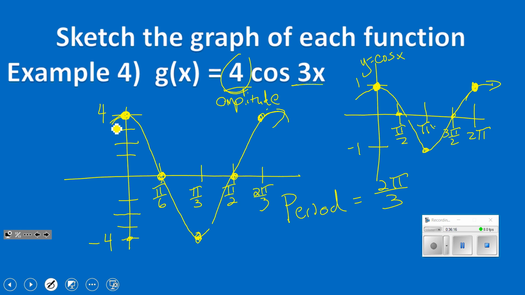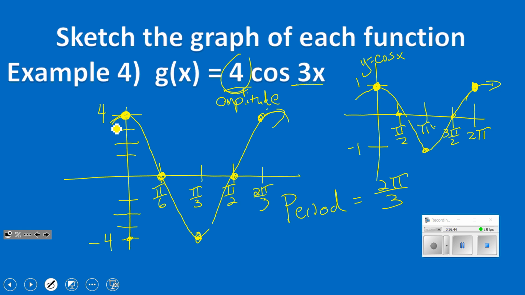So what I have done, if you compare it to the original, first of all, I have vertically stretched it up because I have increased the amplitude, and where it was doing one full complete wave from here to here, it is now doing what? I took it like an accordion and I squashed it.